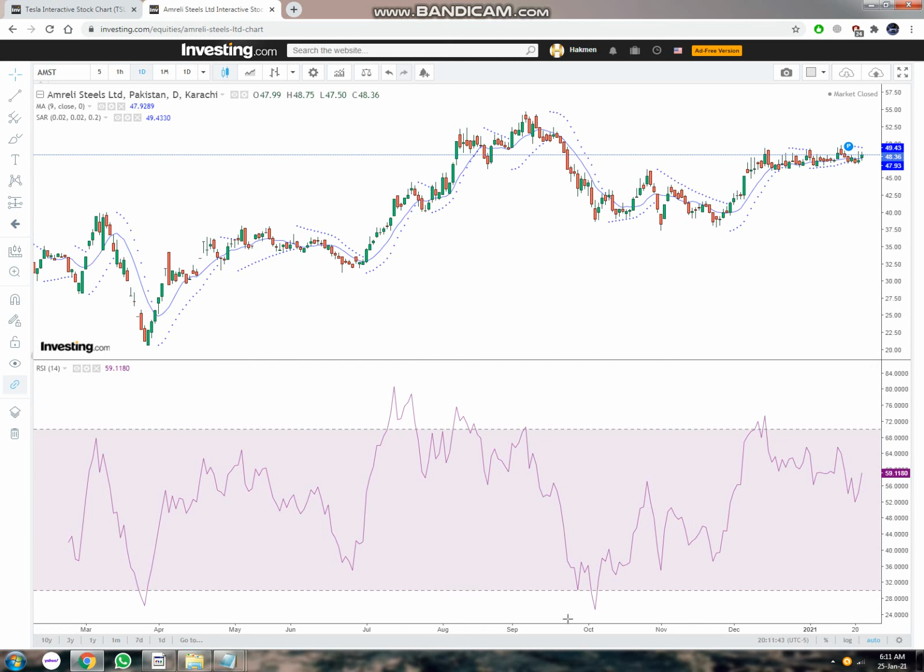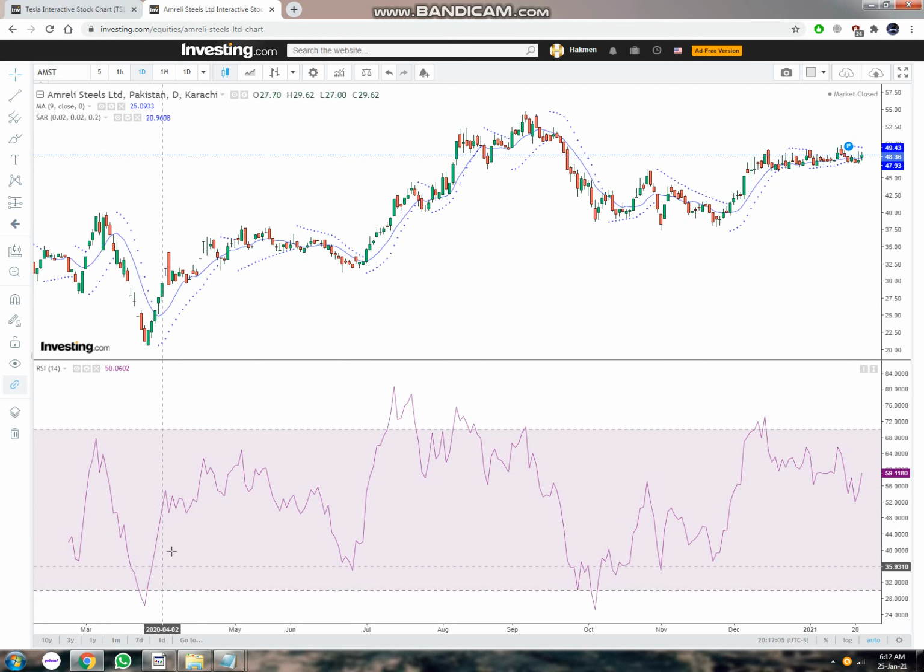And whenever the stock crosses this 30 level or is near this 30 level, there is an indication that the stock might go up, as this stock has been oversold many times in its trading days. So one oversold area was this one.